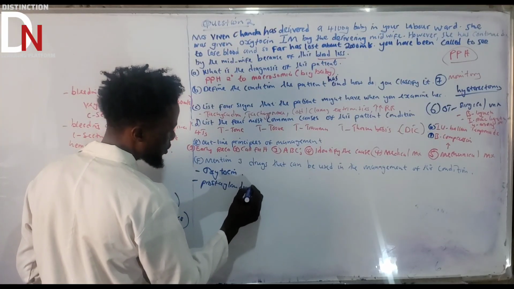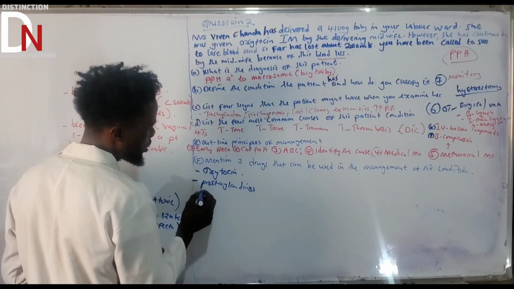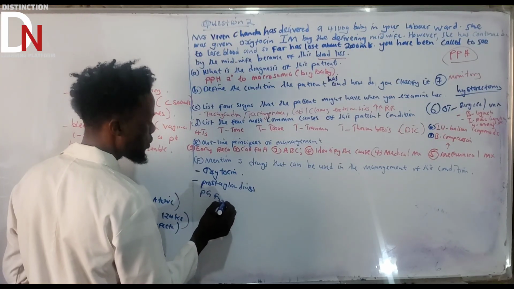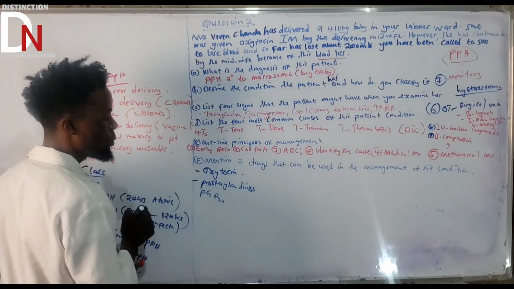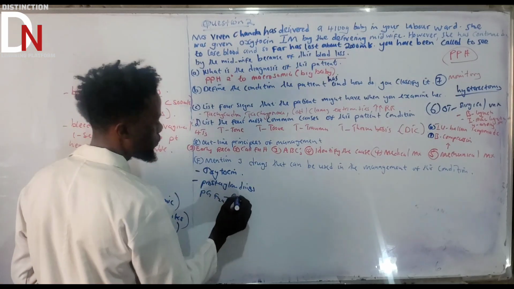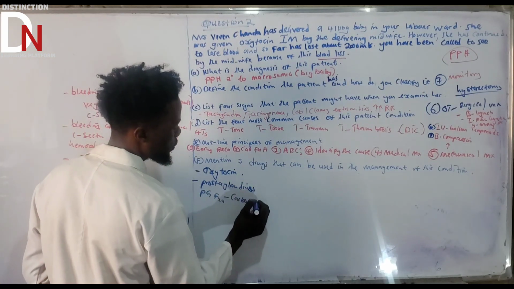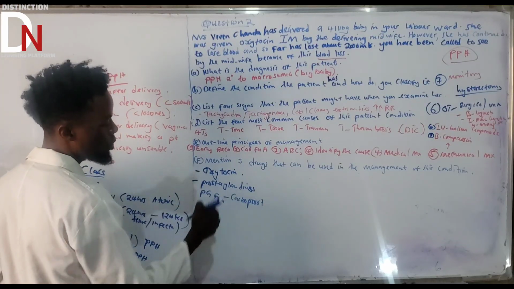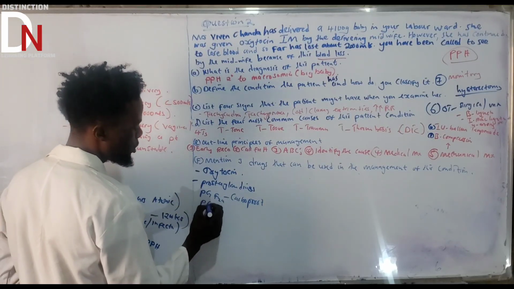What else? We can also give prostaglandins, like PGF2 alpha, which is carboprost. This one is a powerful prostaglandin that also promotes uterine contraction. What else?